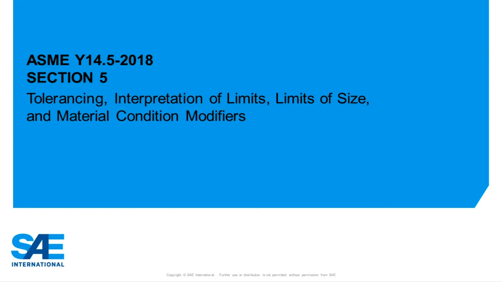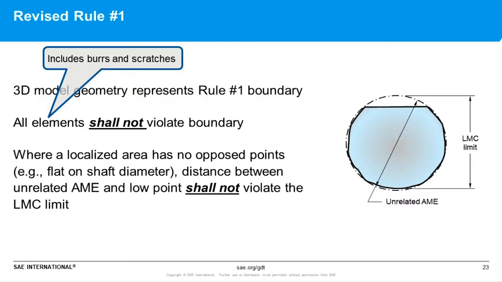So next, let's talk about Section 5. In that section, it discusses tolerancing, the interpretation of limits, limits of size, and material condition modifiers, and this was the old Section 2 in 2009. And there were several significant changes in this section. The first one being the revision to Rule Number 1.